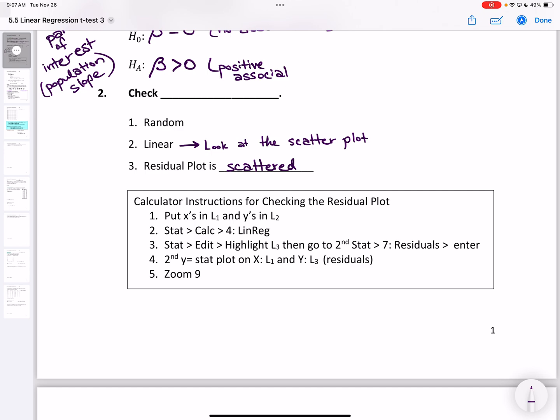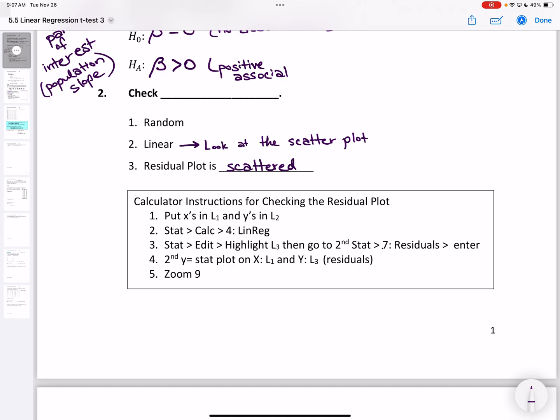So the first thing you do, okay, you put your X's in L1, you put your Y's in L2. Then you go to Stat Calc and you choose the linear regression test, okay? Then you go to Stat Edit and you're going to highlight L3 by arrowing over and up to it, okay? And then you hit second stat and you go to option 7, which is residuals.